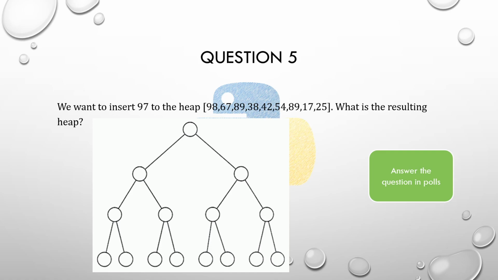So we want to insert 97 into this heap. What is the resulting heap? What happens with insert is it will insert it at the last position. Once that is done, instead of comparing top to bottom, I'll compare bottom to top.